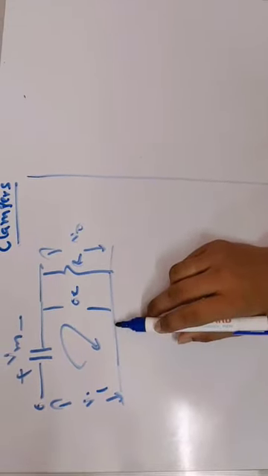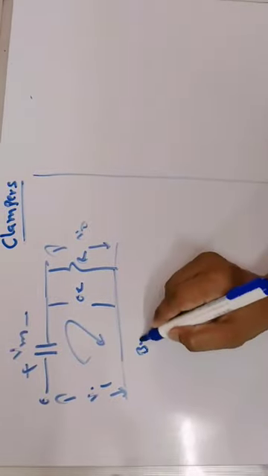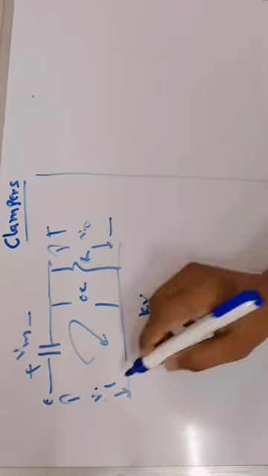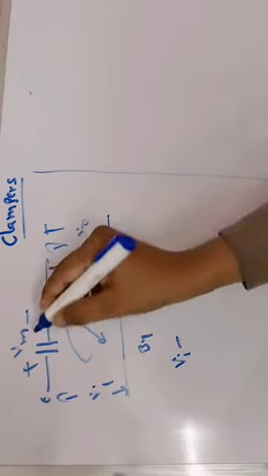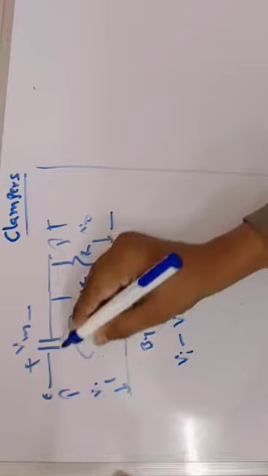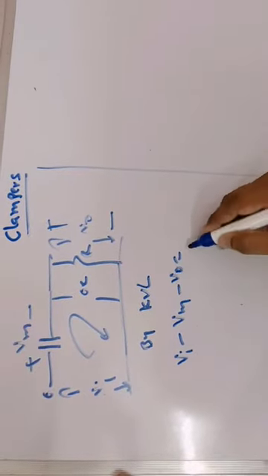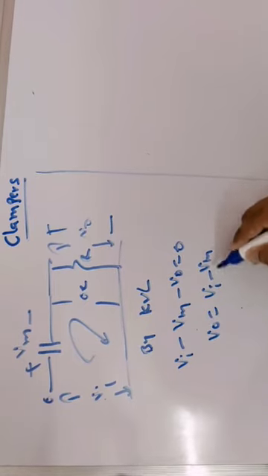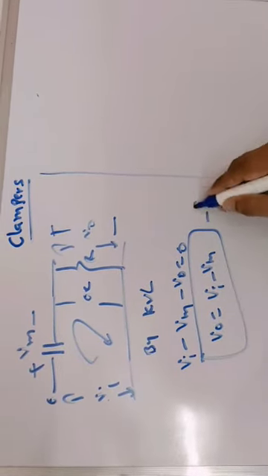By KVL, Vi minus Vm minus V0 is equal to 0. Therefore V0 is equal to Vi minus Vm. This is the output response equation.